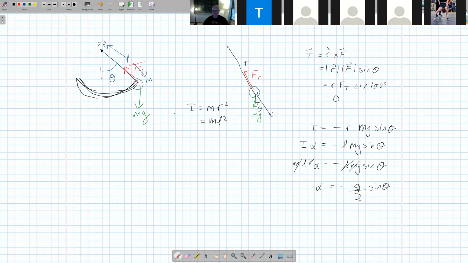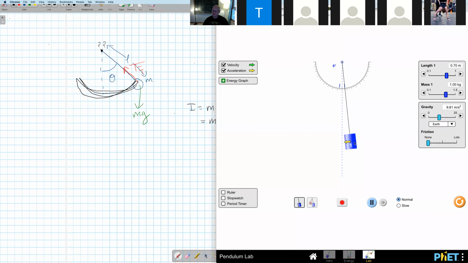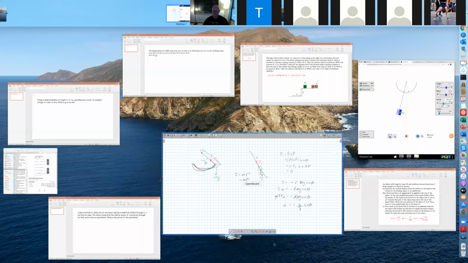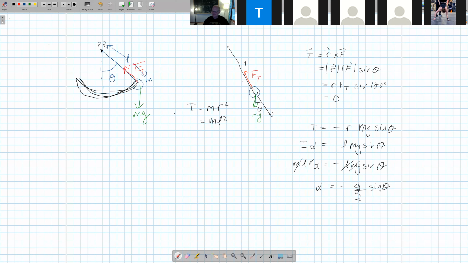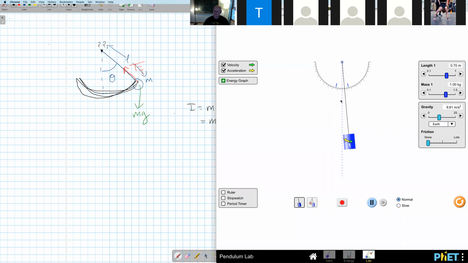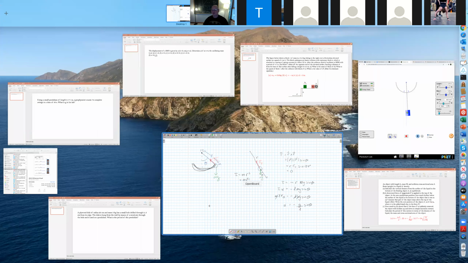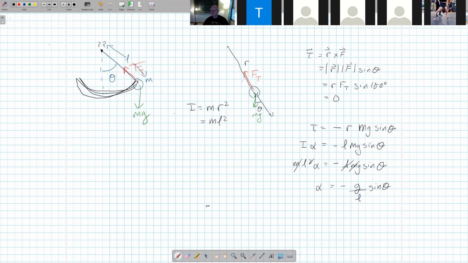Now, this is where that small angle approximation is going to come from. So here, if I displace this by only a small angle, it turns out that, mathematically speaking, sine of the angle is approximately the same thing as the angle itself. Okay? And you can check this with your calculator if you want to. Make sure it's in radian mode, but if you did, say, sine of 0.01 radians, it turns out to be about 0.01.